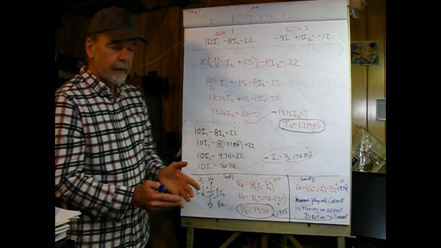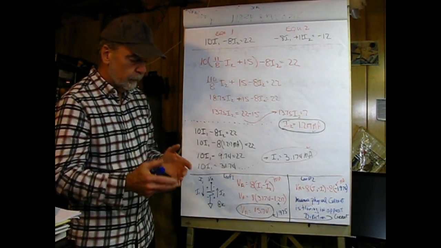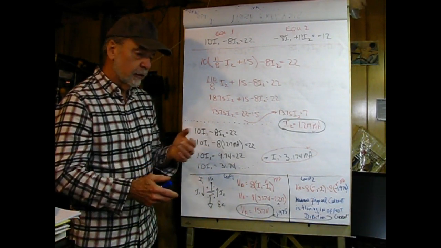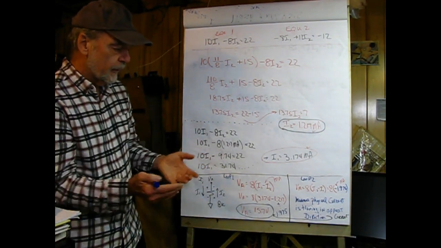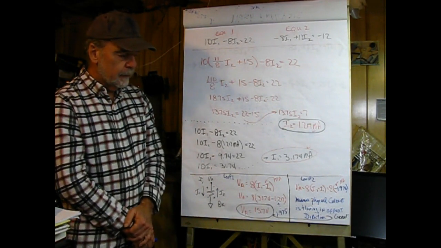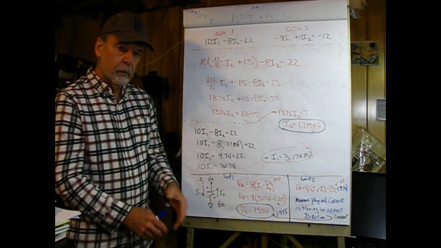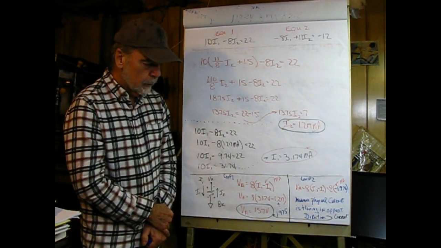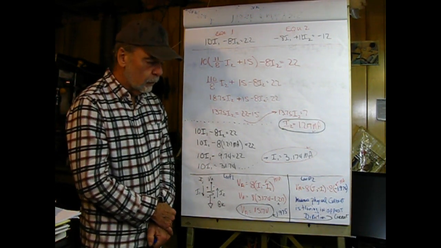Once I know VA, then all of the other physical currents in the circuit break down just like they did in nodal. That's the key, is finding VA, and I won't go through the breakdown of the physical currents. It'd be exactly the same as a nodal.